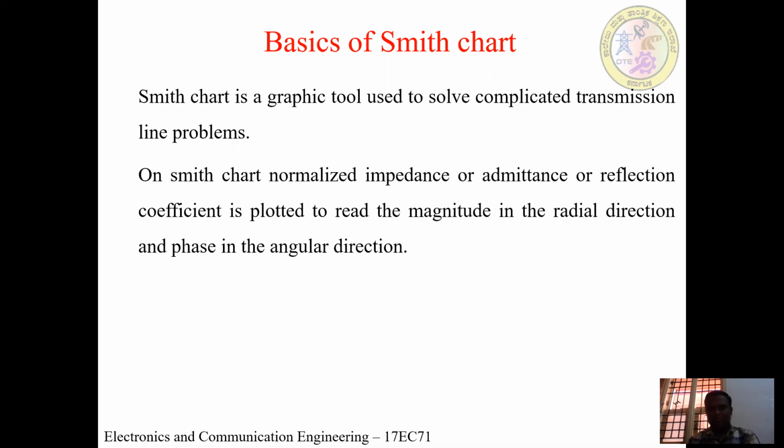We have two sets of readings that can be taken using the Smith chart: one is the radial direction, another is the phase direction, the angle direction. That we will see when we look at how to use this Smith chart.